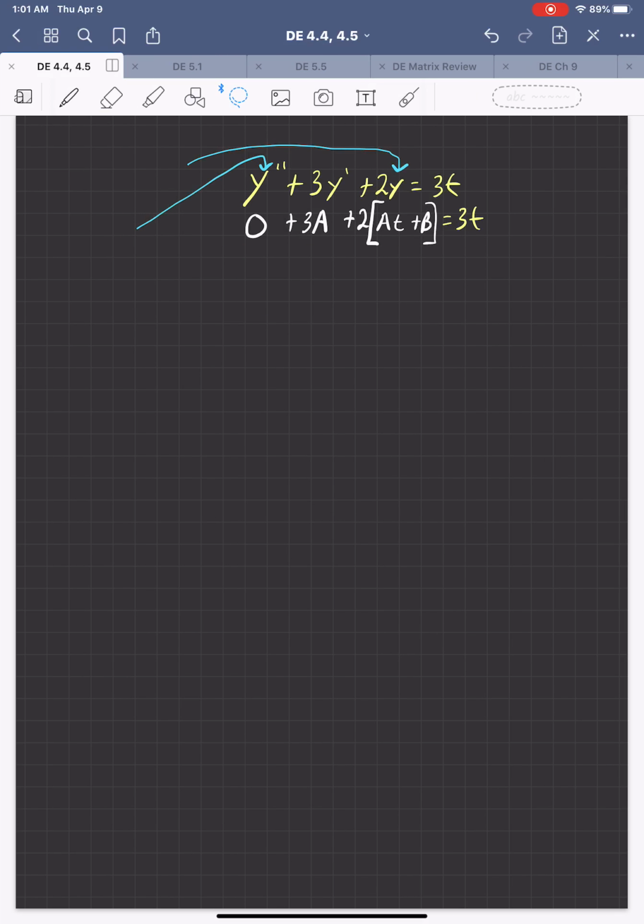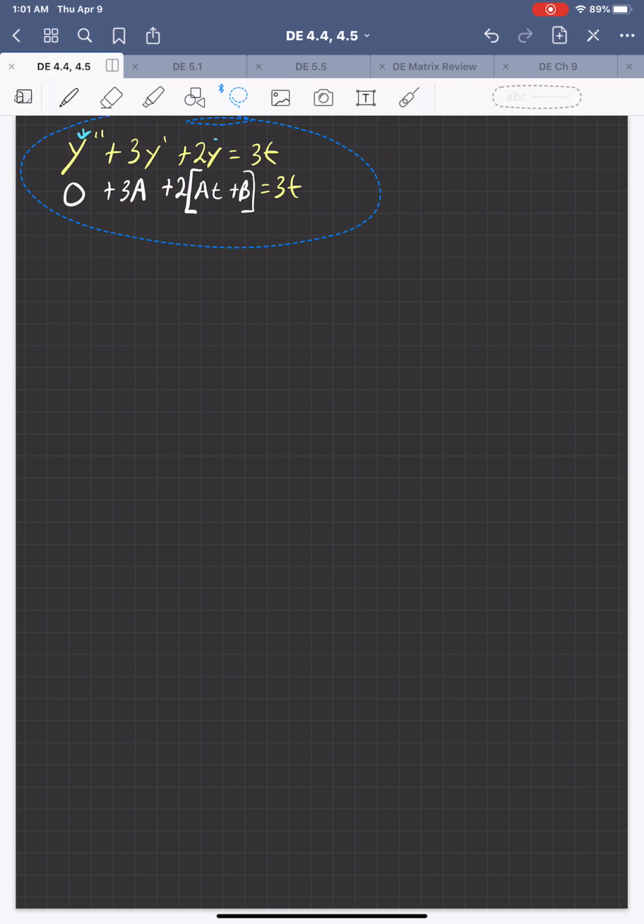Okay, so let me get rid of these arrows. All right, now let's see what we can do here. So there has to be an a that we can choose, as well as a b that we can choose, such that 3a plus 2at plus b is equal to 3t.